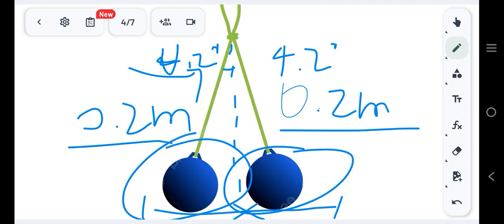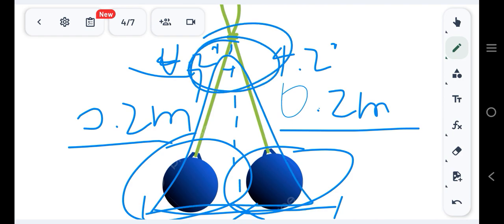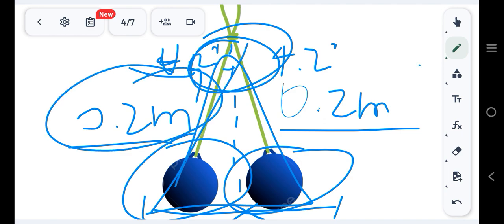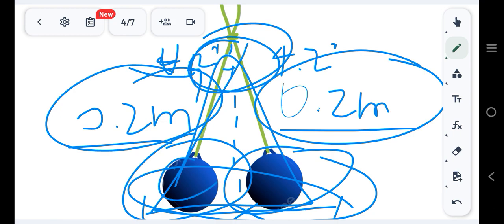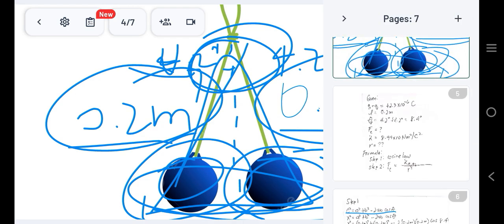Basically, this forms a triangle. We have the angle here at 8.4 degrees total, 4.2 plus 4.2. The one side of the triangle is 0.2, the other side is 0.2 meters. We want to find the other side of the triangle, which is the distance of the sphere from the other sphere. That is why we are using the cosine law.